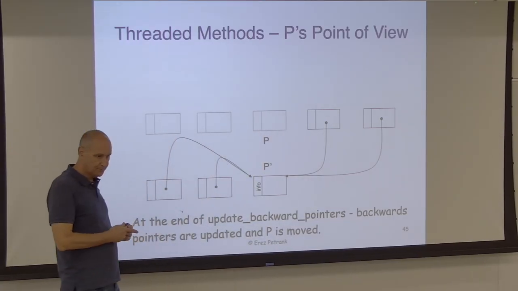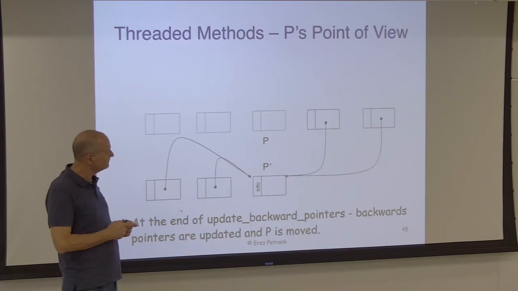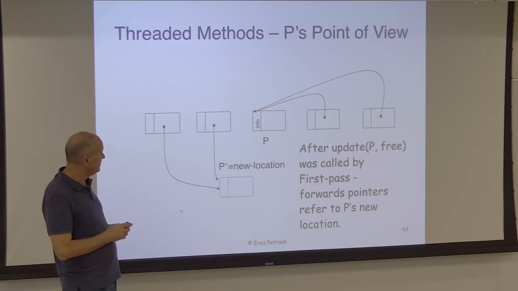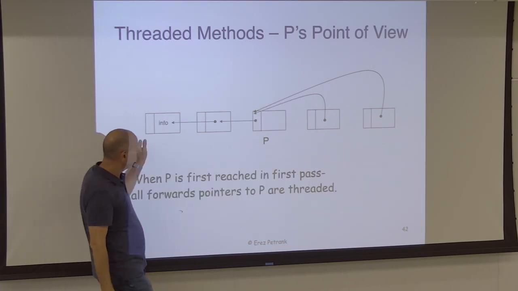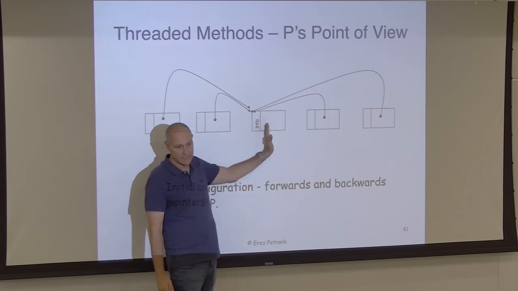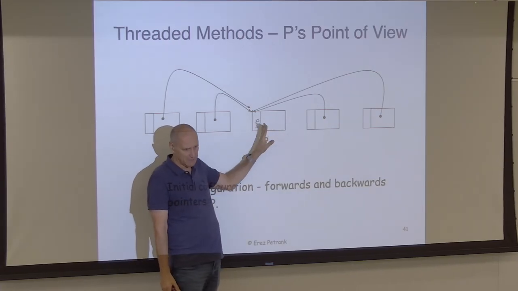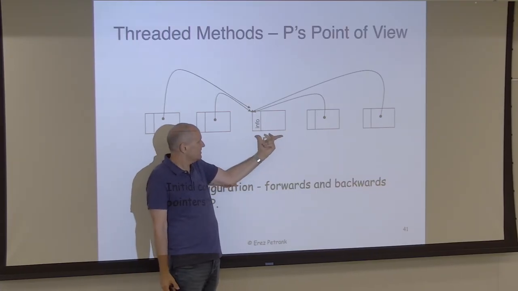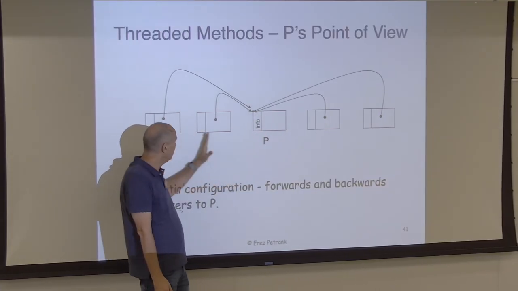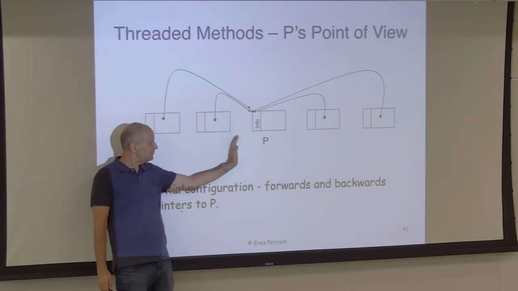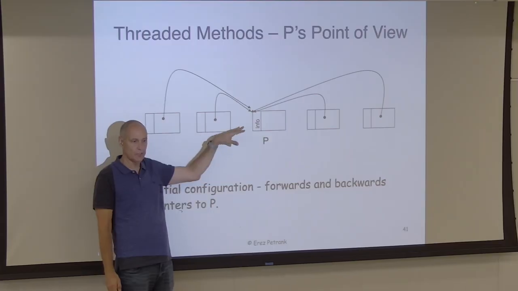Can you explain again how you thread the backwards pointers? I start by just going over the heap and threading everything that I see. I will do it not only to P, but now I'm focusing on how it looks where P is the focus. So when I move, I thread pointers, and until I reach P, I see all forwards pointers to it.